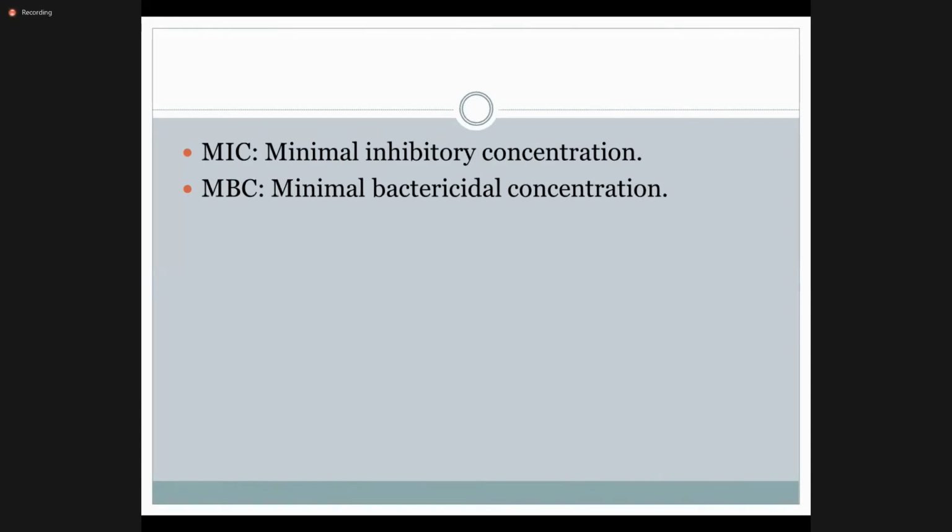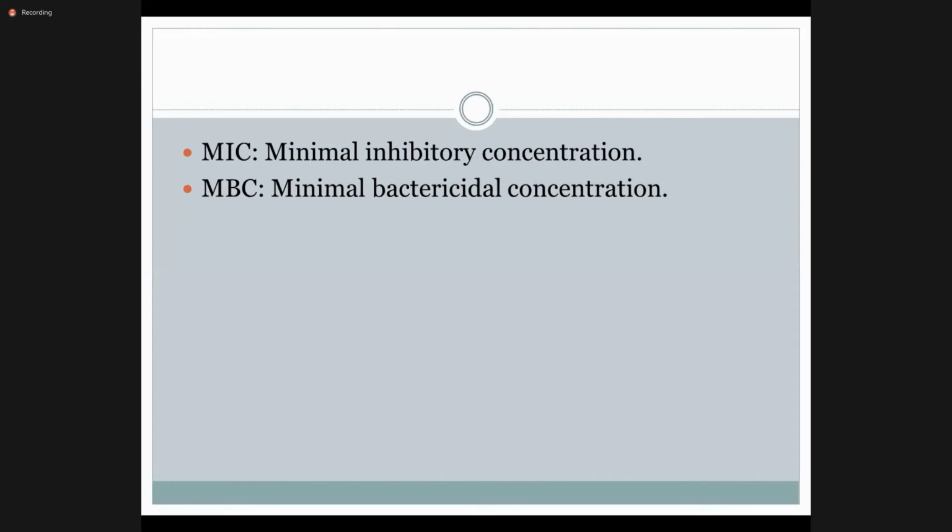And MBC, minimal bactericidal concentration, the minimal concentration which is required to start the killing of microorganisms, right? So that is called the minimal bactericidal concentration.